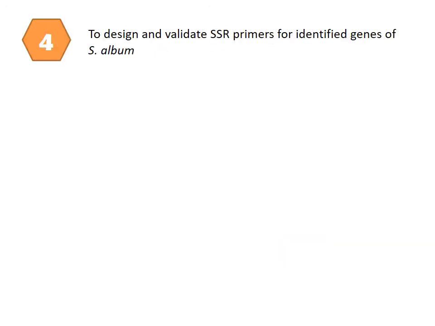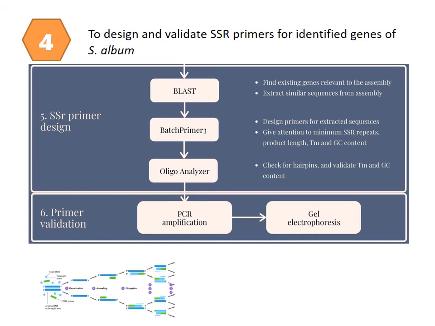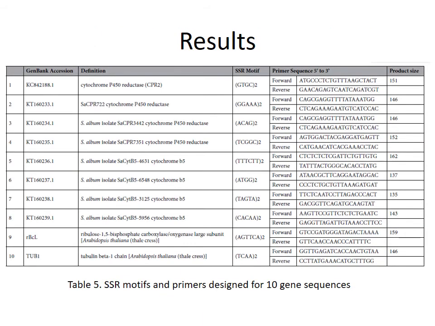Design and validation of SSR primers were done using BLAST, Batch Primer 3 followed by an oligo analyzer, and the primer was validated via PCR amplification followed by gel electrophoresis. Table 5 shows the SSR motifs and primers designed for the 10 gene sequences of the S. album.